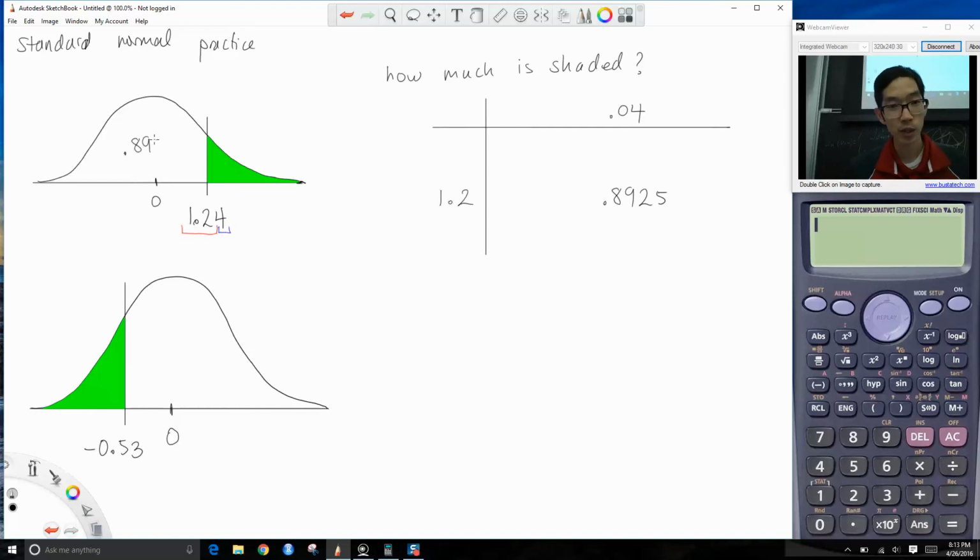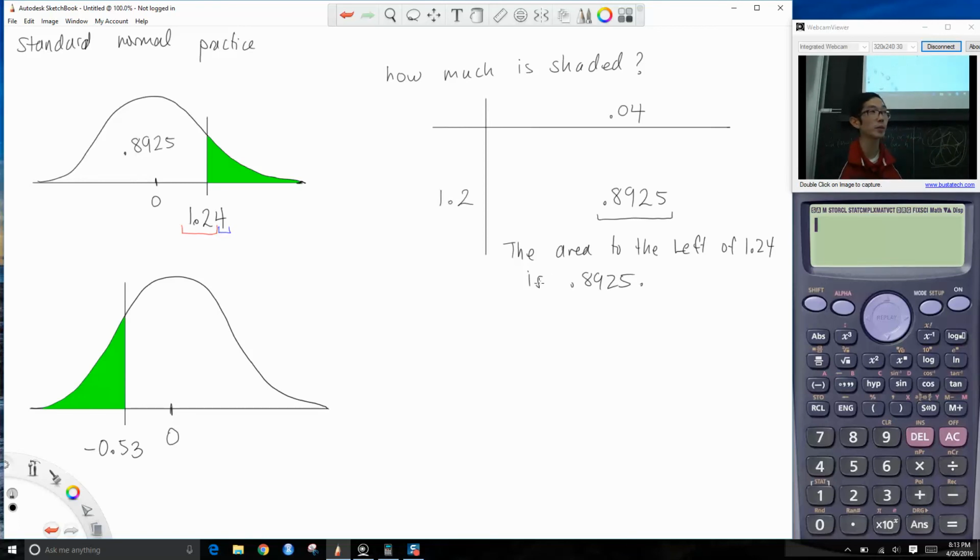So we have 0.8925 to the left of 1.24. So what this means is the area to the left of 1.24 is 0.8925, okay?